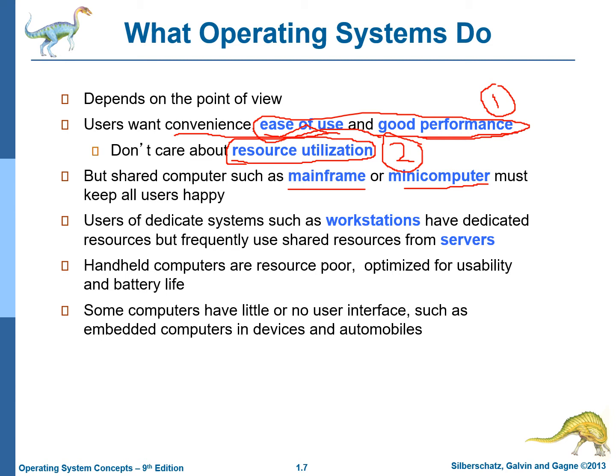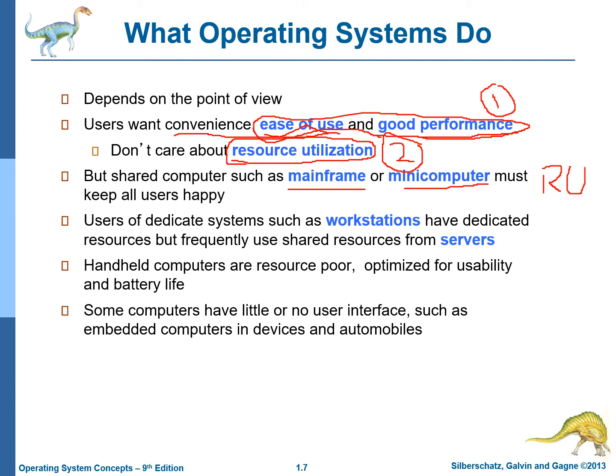So the operating system primarily tries to provide a good user experience. But that is not the case with the operating system which is running in a mainframe or a mini computer. Here the objective is effective resource utilization. So I'll call it RU, effective resource utilization.